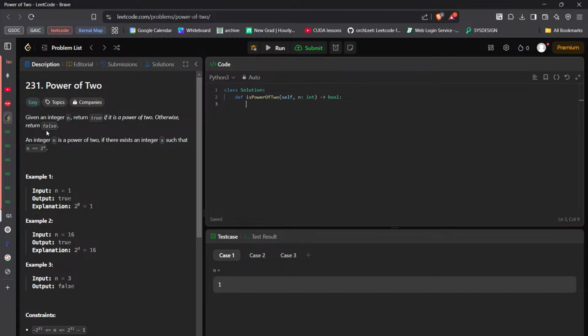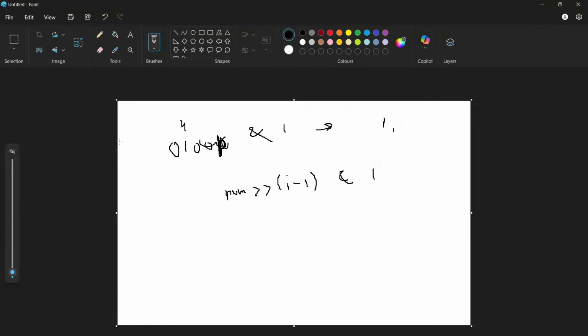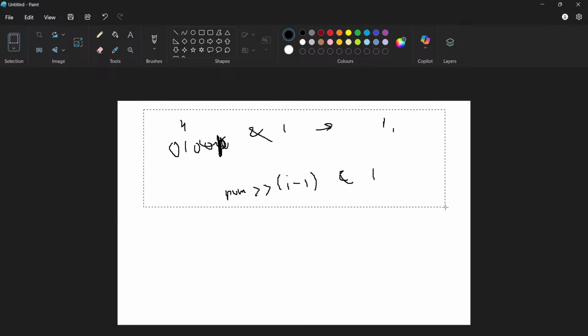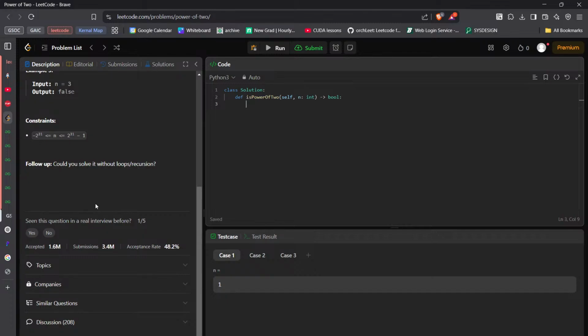So what does power of 2 mean? If any number is a power of 2, this should be the format of it, right? Which is written 2 raised to 31. 2 raised to 31.